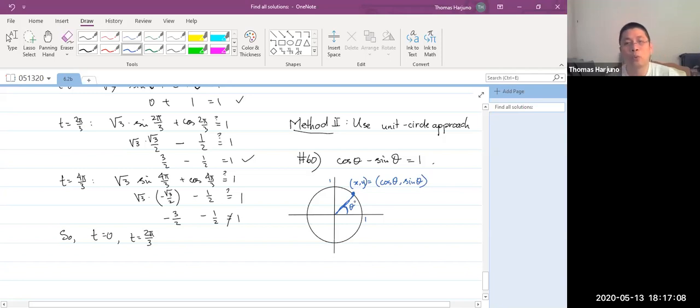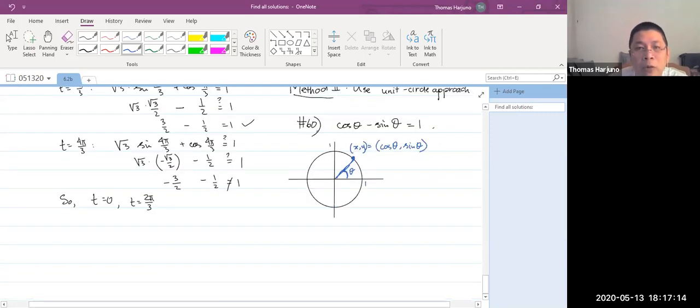So I will replace cosine theta by x and sine theta by y, giving x minus y equals 1.